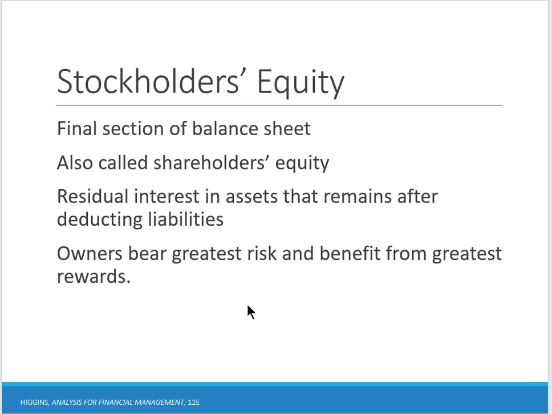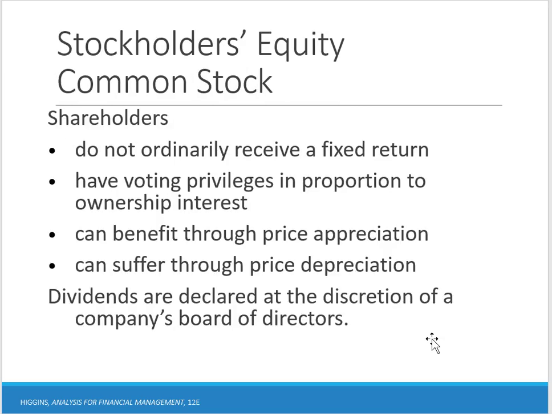Since owners bear the greatest risk and benefit from the greatest rewards, you would hope that this owner's equity piece, first of all, was always positive, but you want to see that growing over time to represent the growing equity of the owners of the company.